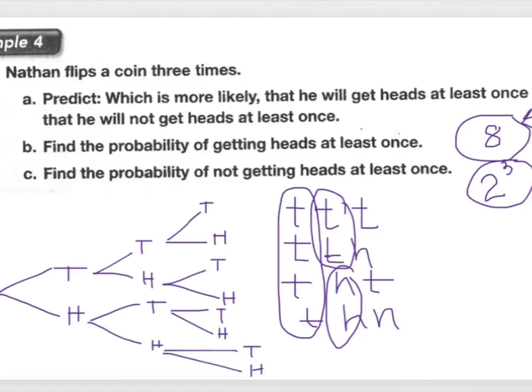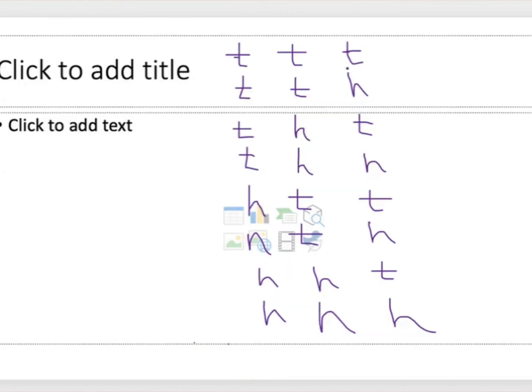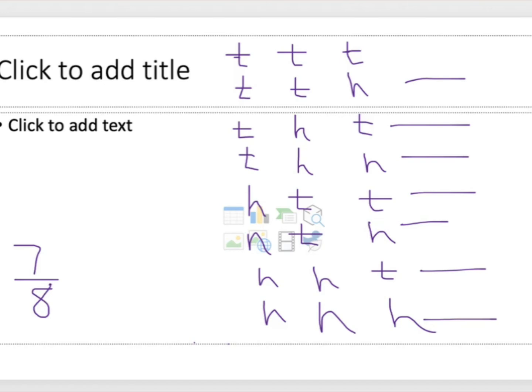Okay, so now let's go back and look at our question. Which is more likely, that he will get heads at least once, or that he will not get heads at least once? Heads at least once occurs here, here, here, here, here, here, and here. Heads at least once was 7 out of 8. Now realize that no heads means there's tail, tail, tail.